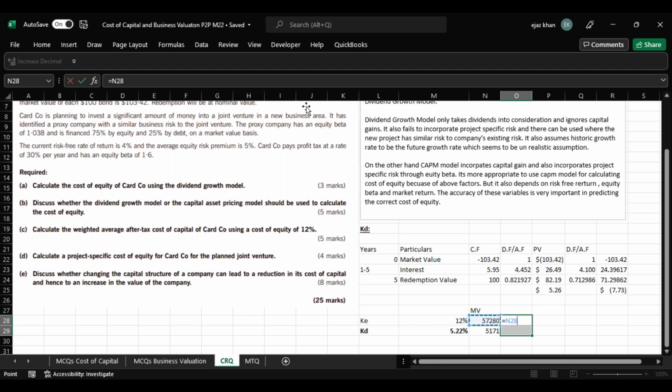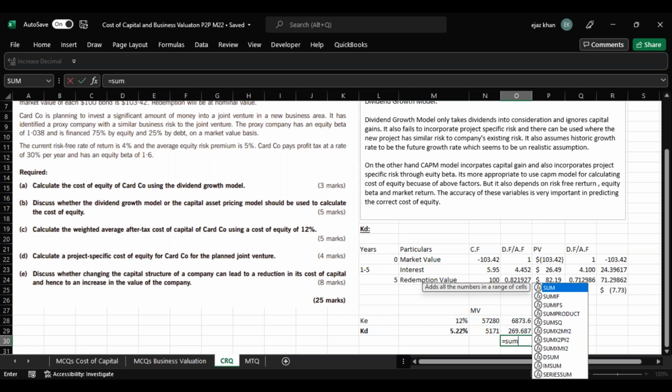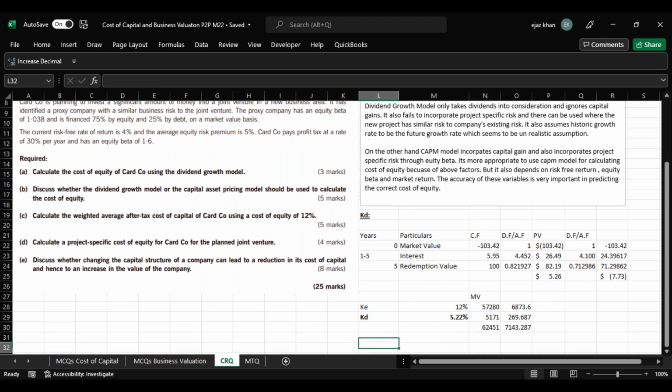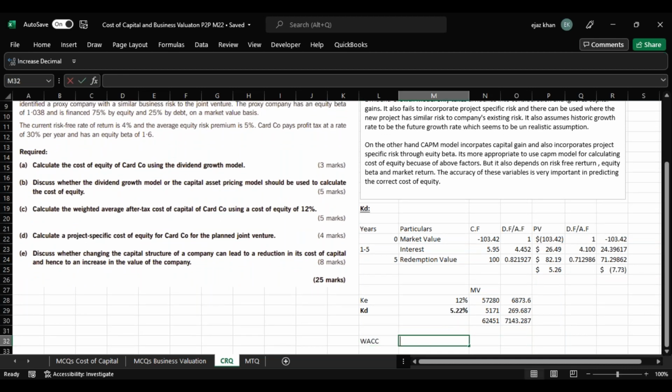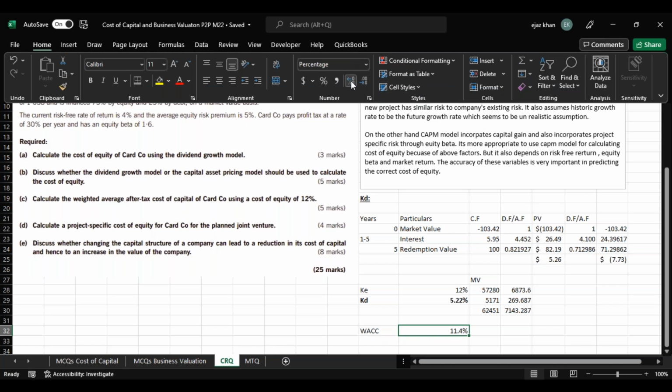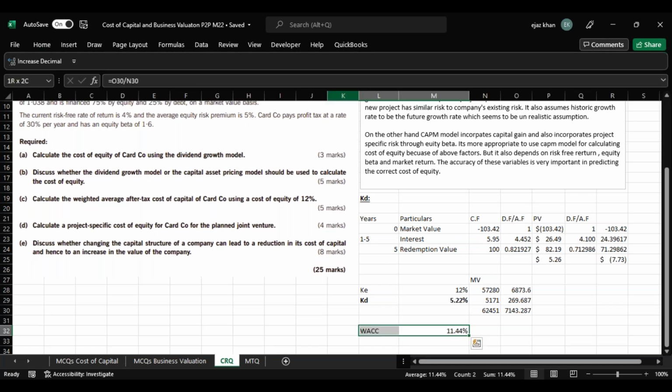Now multiply the values with the costs and add the total values. Add the total values, and the result will be 7143 divided by 62451. It's 11.44%. That's the weighted average cost of capital.